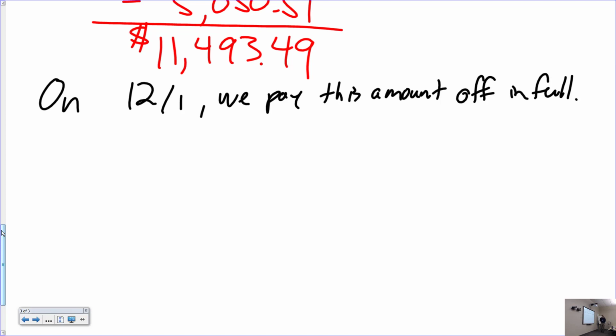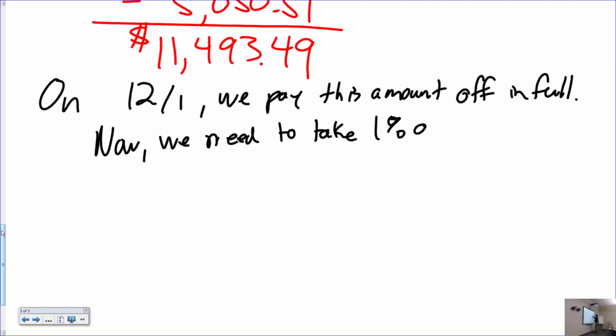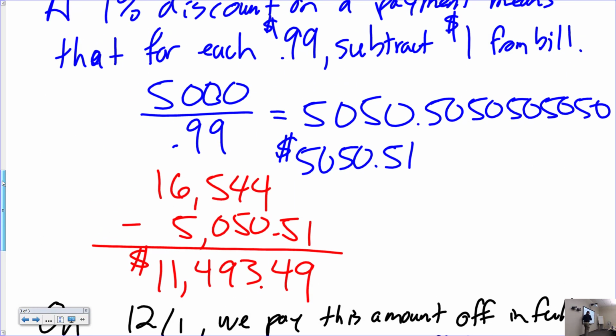That's just a regular 1%. Exactly. Now we need to take 1% off of the charge, because we're paying it in full, so you go back to normal. It's only when you make partial payments, where you're not paying the bill in full, that you do this weird divide by the complement concept.